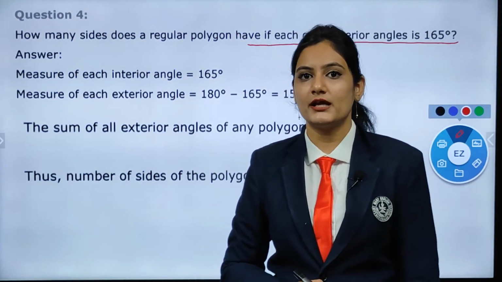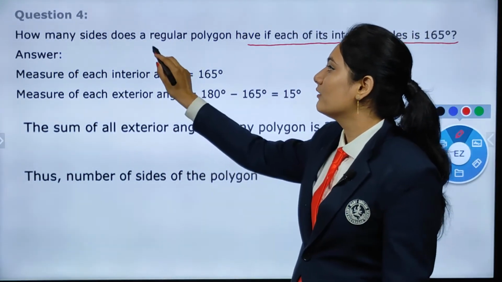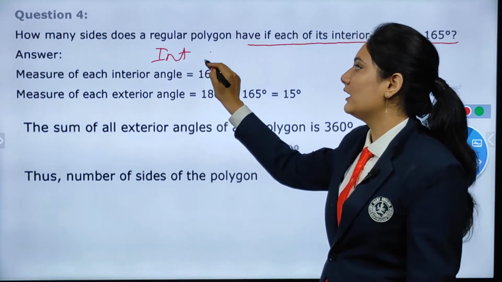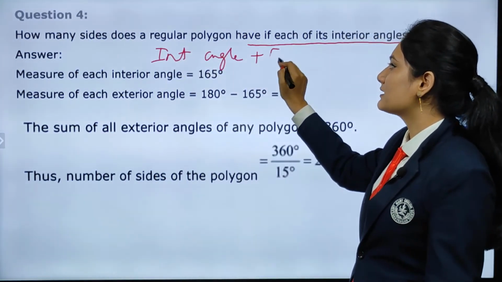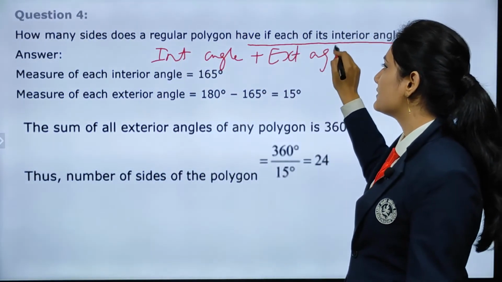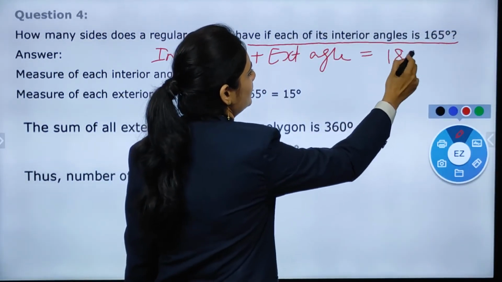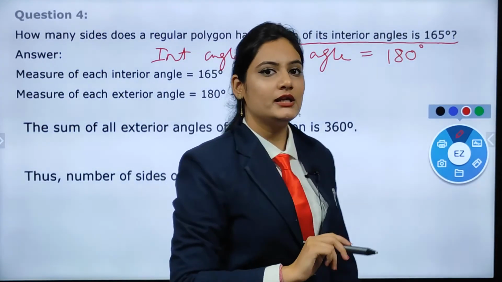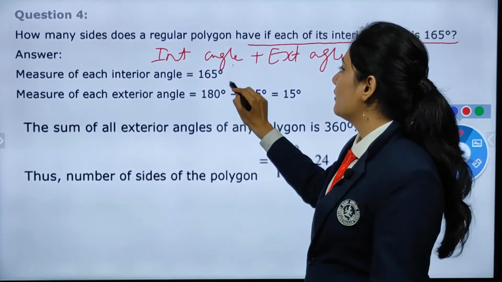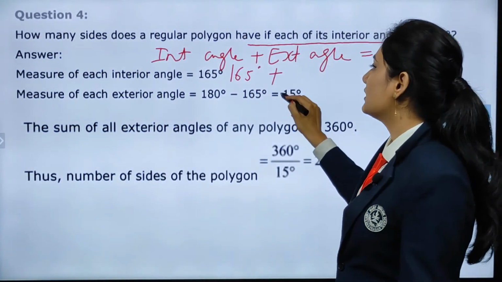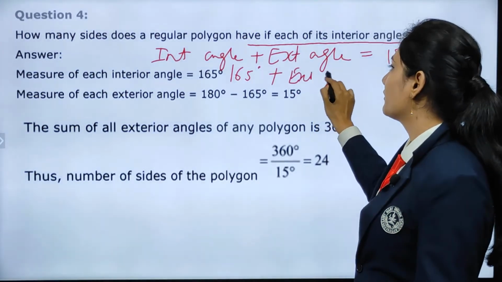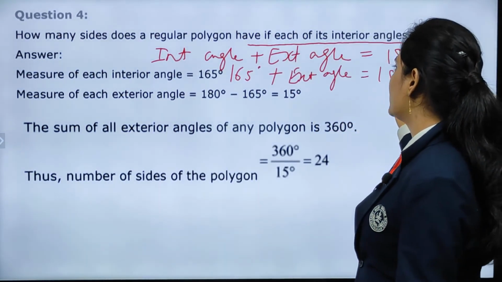So how you can find the exterior angle? It is simple. You know very well the formula, interior angle plus exterior angle is equal to what? 180 degree. Now interior angle is what? 165. Exterior angle you don't know. So equal to 180 degree.